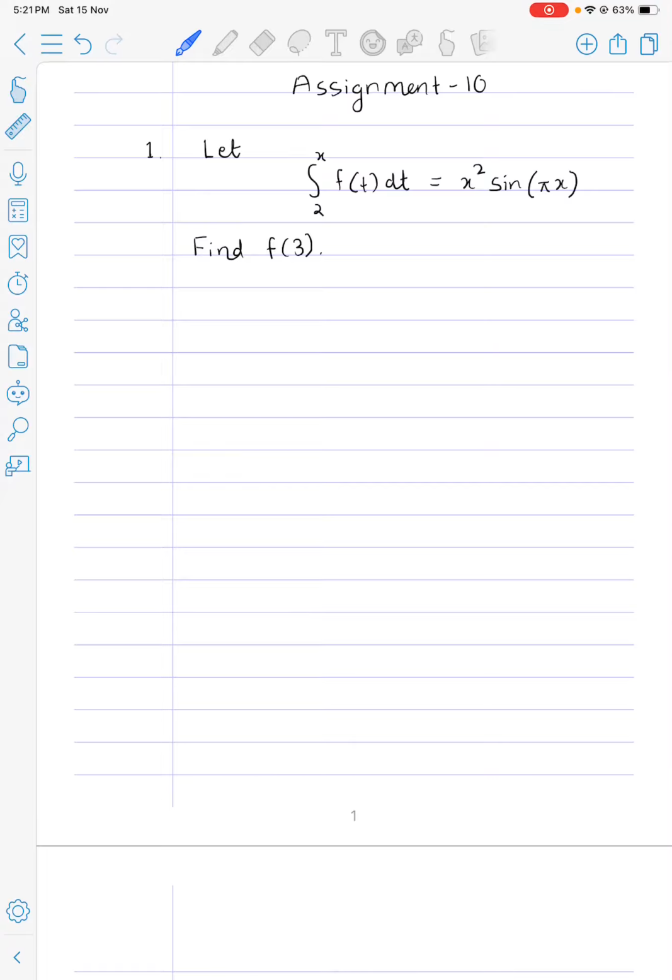So we have this theorem, right? The fundamental theorem of calculus. What does this say?